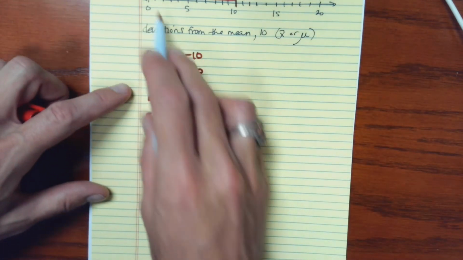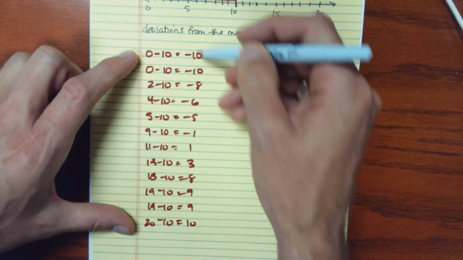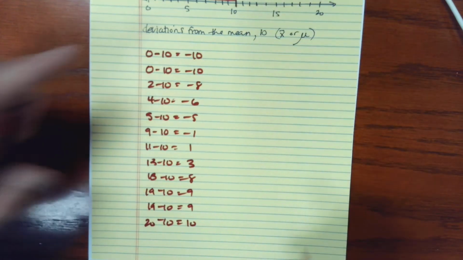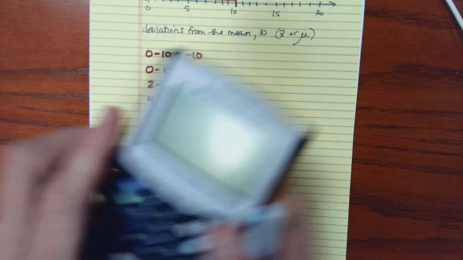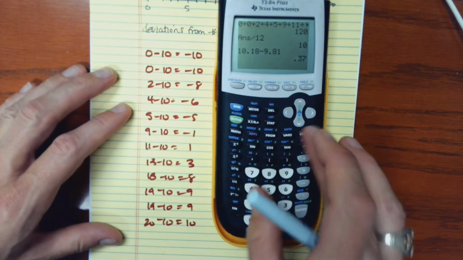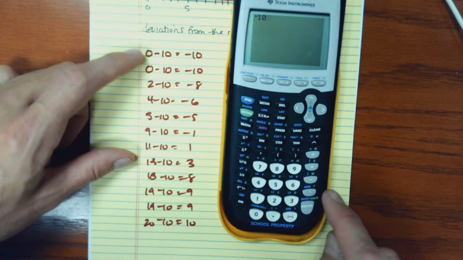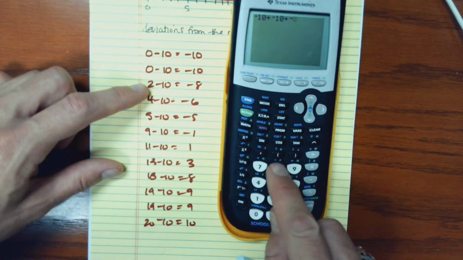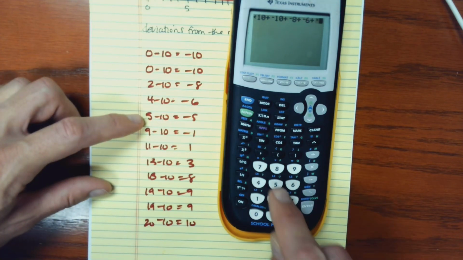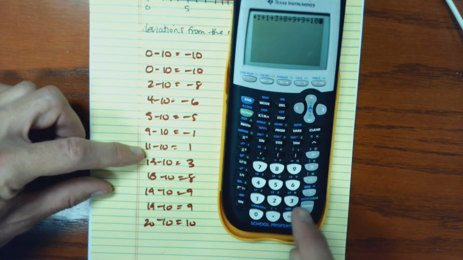For a measure of how spread out things are, I want some idea of the typical deviation. You might be tempted to just average these values, but I want to show you what happens when I try. I start by adding the values: negative 10 plus negative 10 plus negative 8 plus negative 6 plus negative 5 plus negative 1 plus 1 plus 3 plus 8 plus 9 plus 9 plus 10.